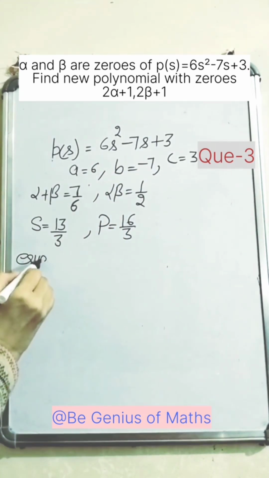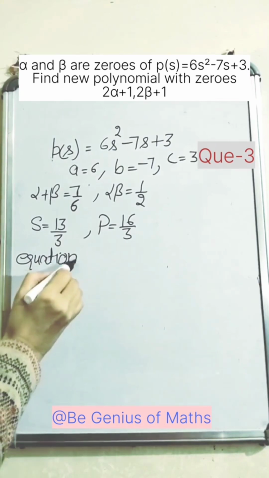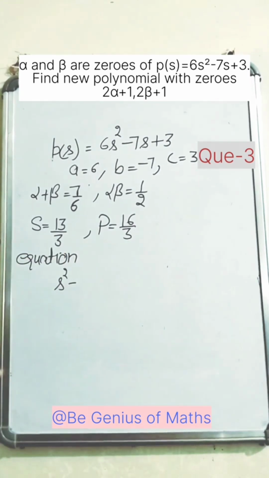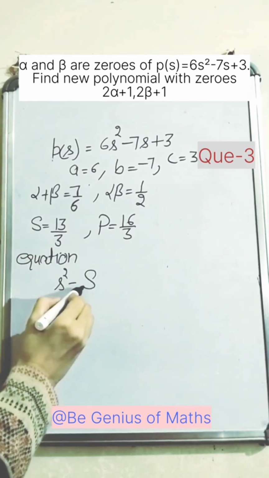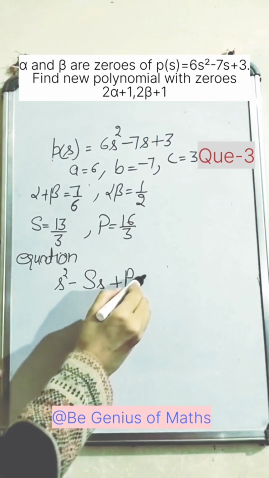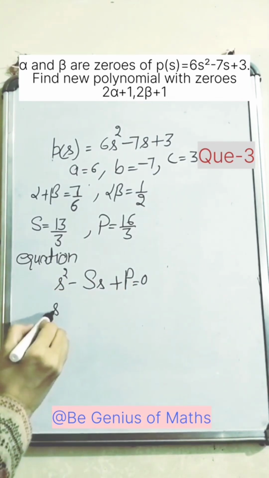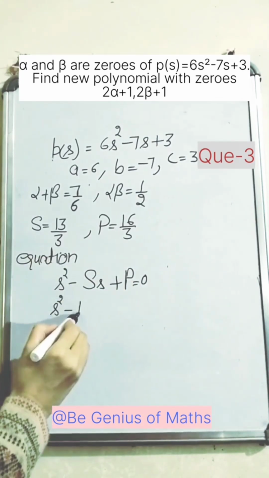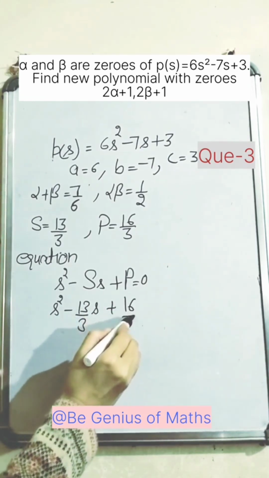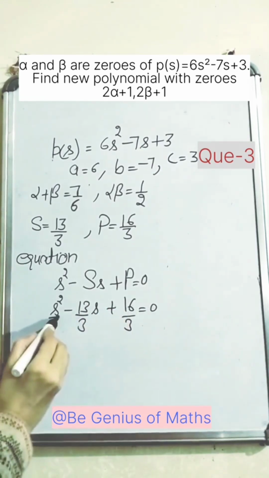Now what is the next step? First we find the equation, then the polynomial. Equation: because the polynomial is in s, the equation will be in s. Small s square minus sum of zeros into small s plus product of zeros. S square, the sum is 13/3. So with sum always minus, note it.